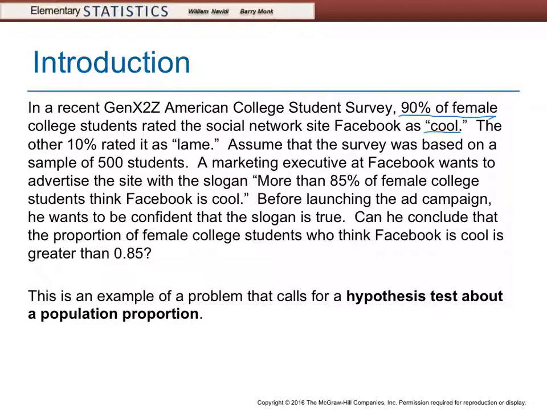Again, we are looking at 500 students in the survey, and the marketing executive at Facebook wants to advertise that more than 85% of the female college students think that Facebook is cool. And so he wants to make sure that it's true, so he's going to do a hypothesis test. And so we'll go to the next slide.